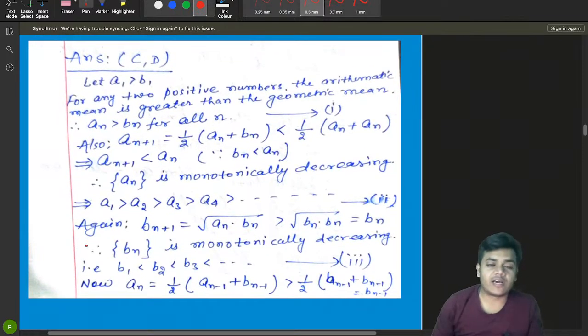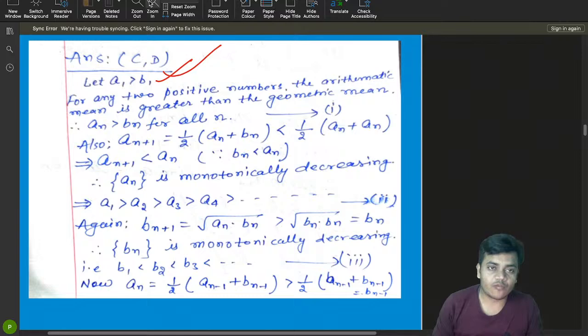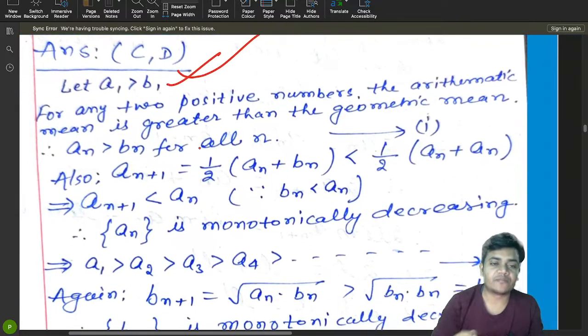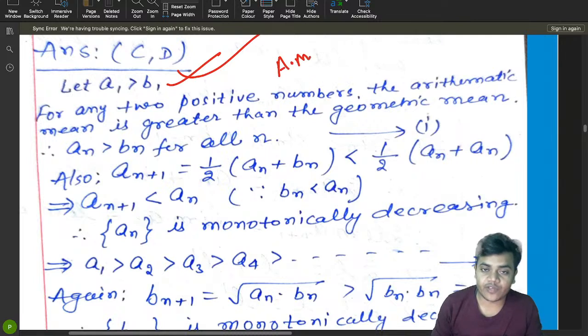So first of all, let's see the monotonicity, and for that we are taking a case that a1 is strictly greater than b1. And for any two positive numbers, the arithmetic mean is always greater than or equal to the geometric mean. We cannot forget this result.